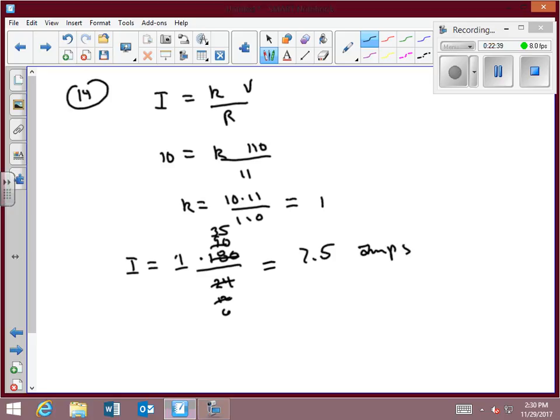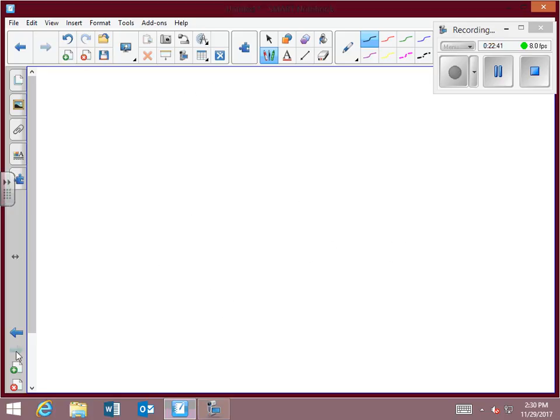Okay. Here's a little think problem. 16. In the inverse variation, y equals k over x. What is the effect on x if y doubles? Well, if you solve this thing for x, that's what x is.